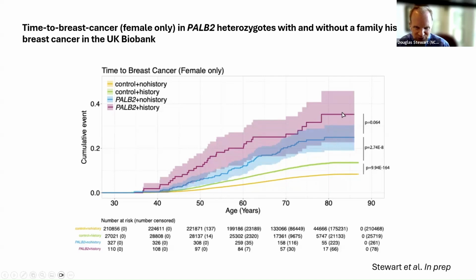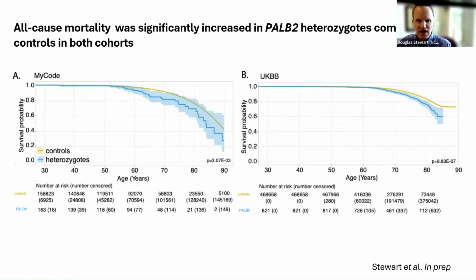So I think for PALB2, clearly we need to pay attention to picking up these variants, and there can be some risk stratification based on family history. This plot shows us something that we suspected would be true, but it was nice to see the data show that this is indeed the case.